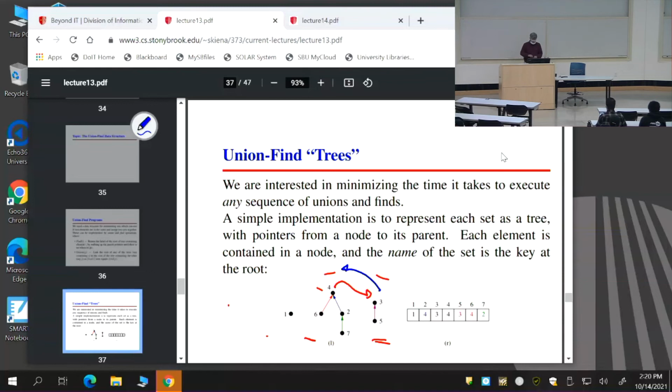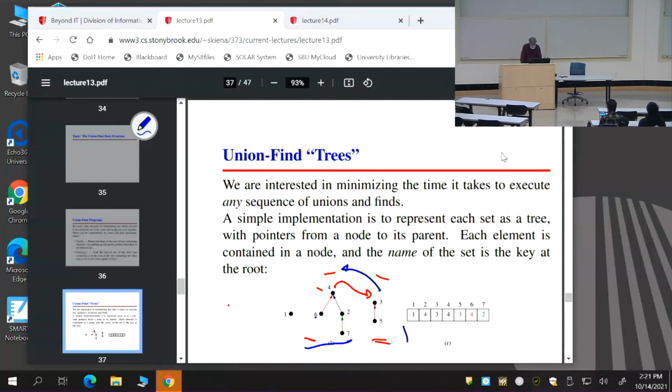Does everybody see that the height of this thing was 2 and the height of this thing was 1? If I picked the red edge, the height of this thing is going to increase to 3.